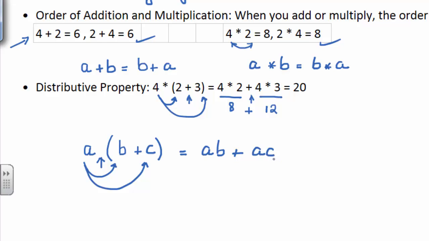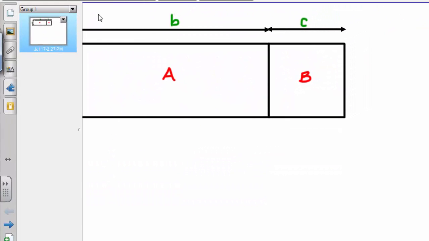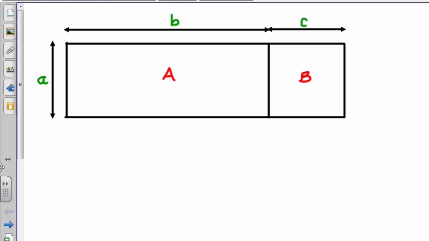Can we do that with a diagram? Can we illustrate it as a diagram? Yes. Let's see this diagram and you will understand what I mean to illustrate this relation. Let's say that I'm looking for the area of the large rectangle.